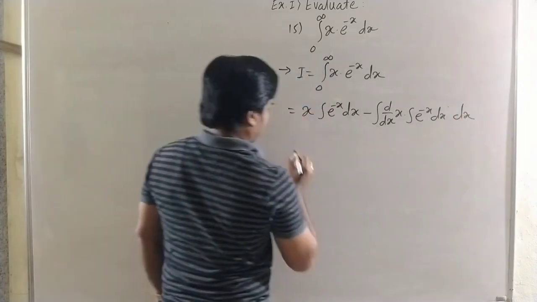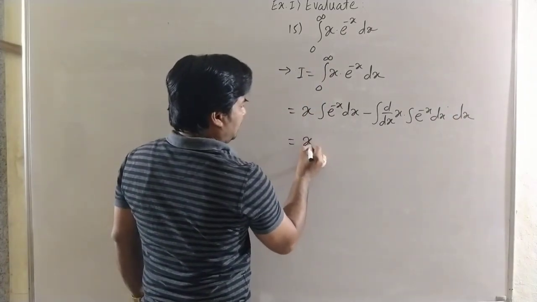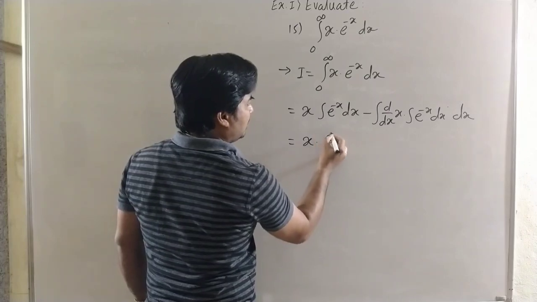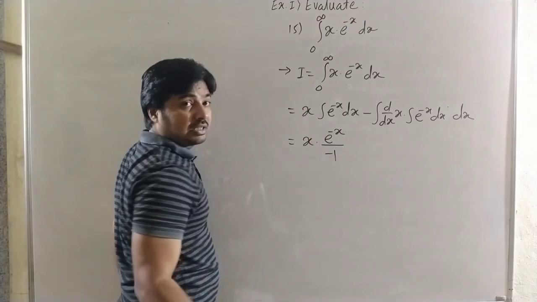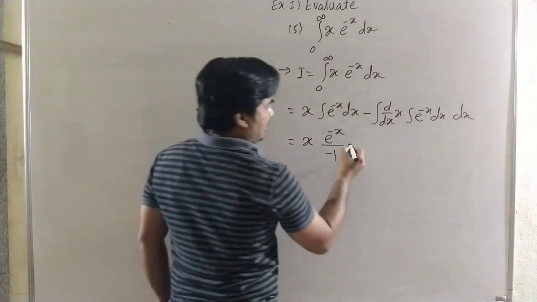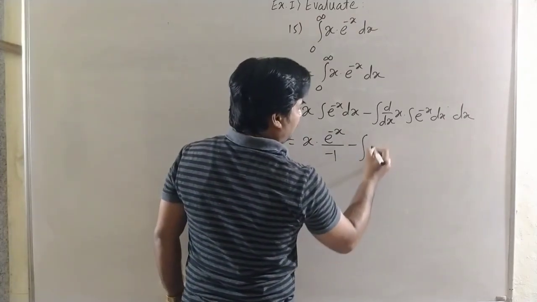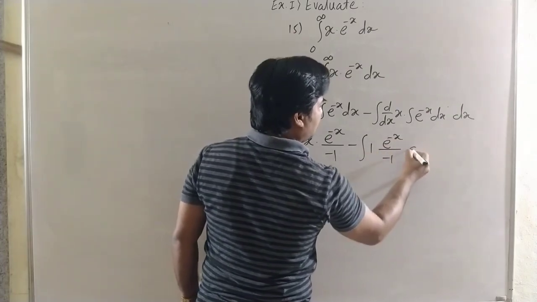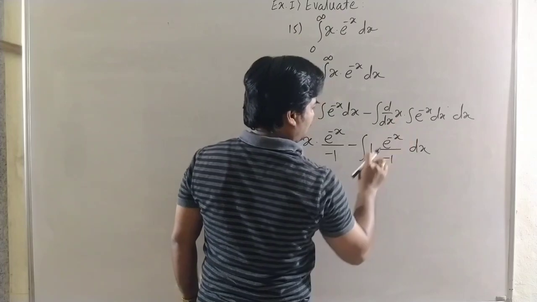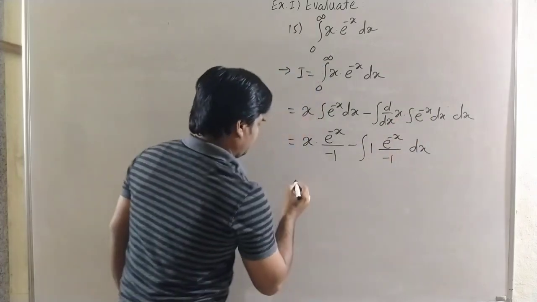dx. Now here it is x into integral of e raised to minus x. It is e raised to minus x upon minus 1. It is the integral of e raised to minus x minus integral of 1 into e raised to minus x upon minus 1 dx. It is 1 and it is e raised to minus x upon 1.